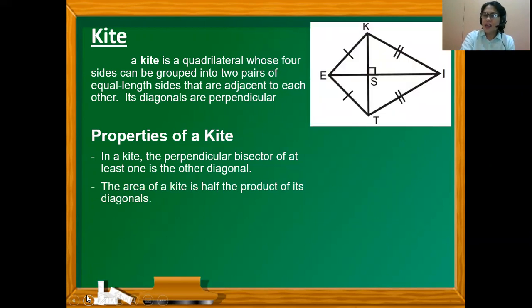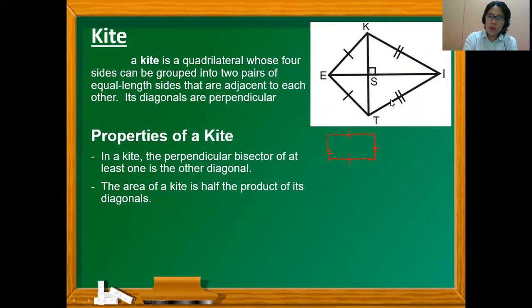So considering kite K-I-T-E here, the one pair of congruent sides are KE and PE. Another pair is KI and PI. So as what I was saying, in contrast to a parallelogram, for example, a rectangle has also two pairs of congruent sides, but they are opposite each other, like this to this and this to this.